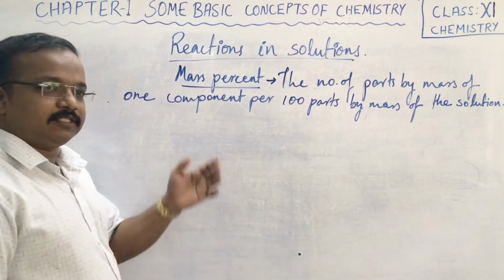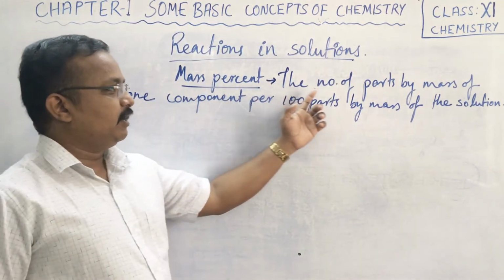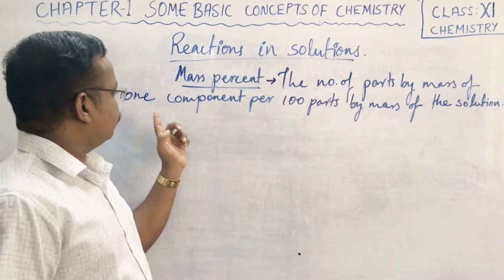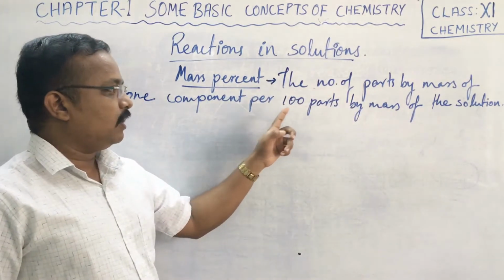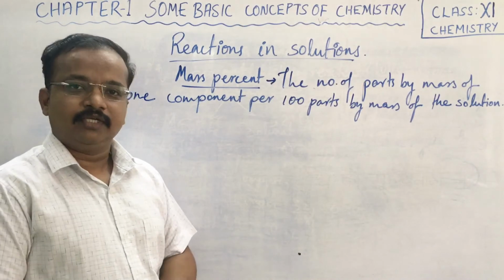So children, what does mass percent mean? The number of parts by mass of one component per 100 parts by mass of the solution.